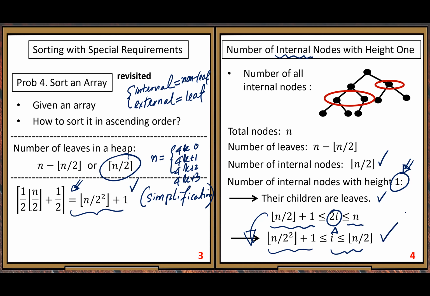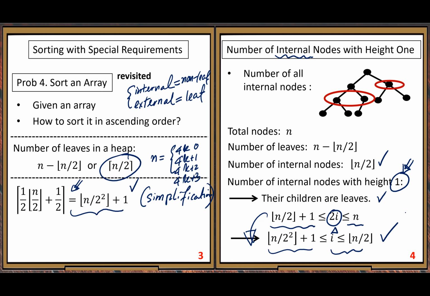With this inequality, if I ask you to count the number of i that fall in this range, can you calculate it? Do the counting, similar to what we did for the number of leaves in the leaf range.